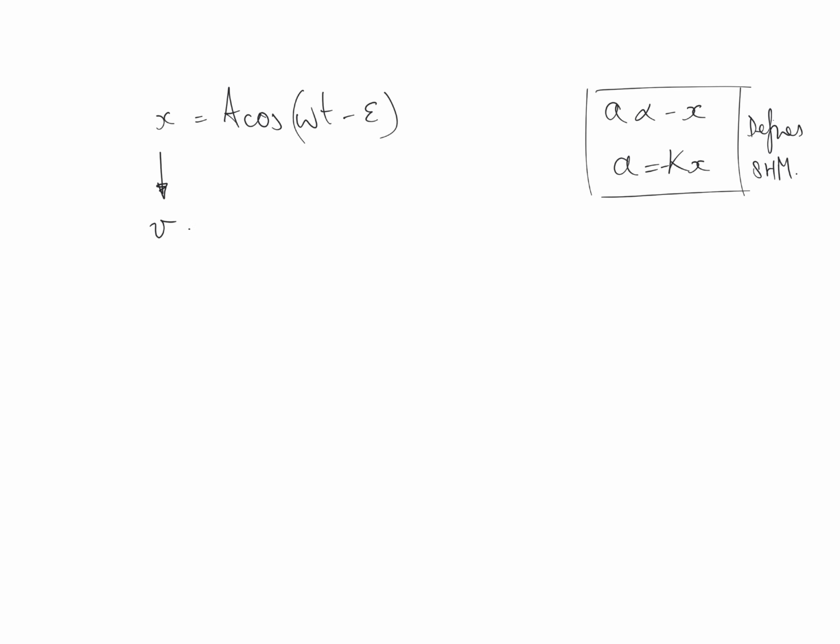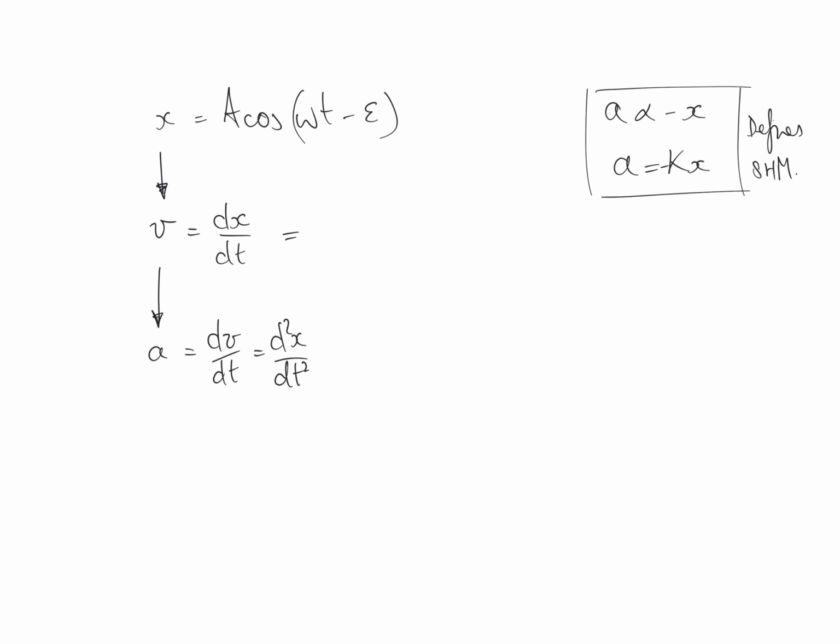If we want to move from acceleration to velocity, how do I do that mathematically? Well, if I take the first derivative with respect to time of my displacement, I get my velocity. If I want to move to acceleration, then I take the first derivative of velocity with respect to time, which in turn is the second derivative of displacement with respect to time squared. I wonder how good your maths is. What happens when you differentiate cosine?